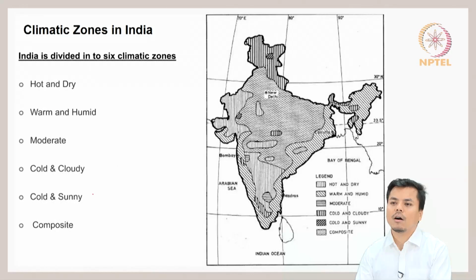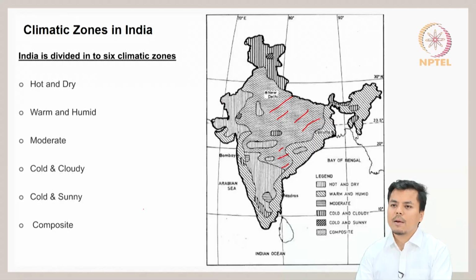The majority of India is located in composite climatic regions, especially central India that you see here. That means the summer is extreme as well as winter is also extreme in these regions.